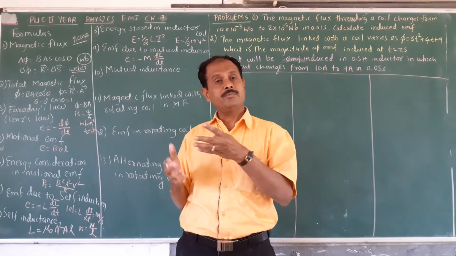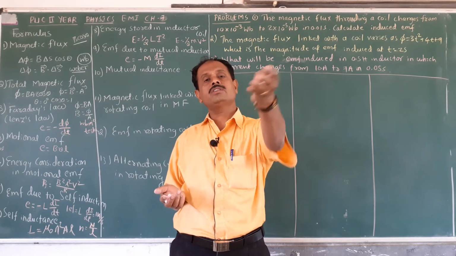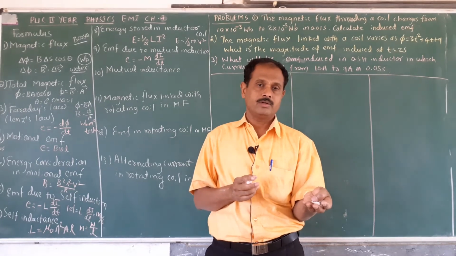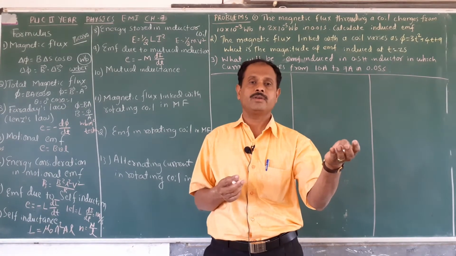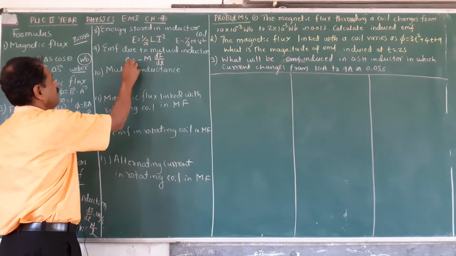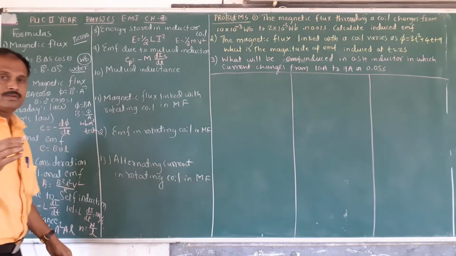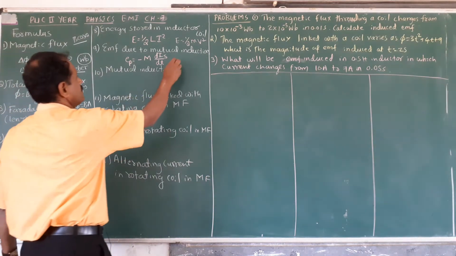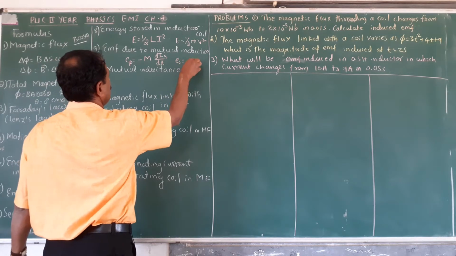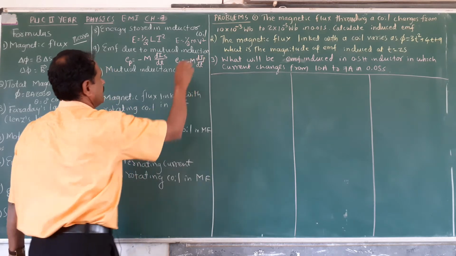Once the EMF is induced in one coil due to the change in the current in the neighboring coil, the other coil is a coaxial neighboring coil. This is the EMF in the primary coil due to the rate of change of current in the secondary coil. Suppose this is the EMF in the secondary coil due to the rate of change of current in the primary coil, I will write it like this.